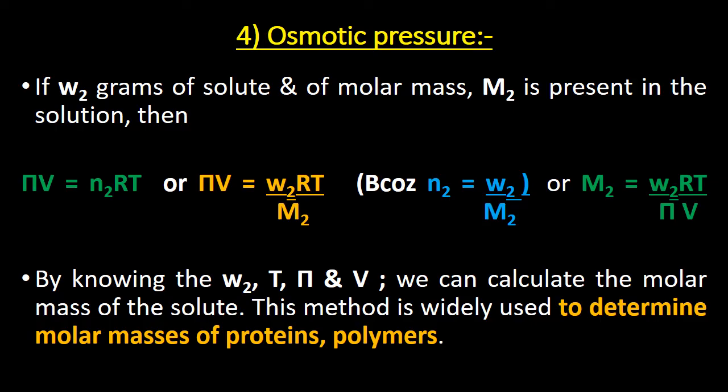And M2 can be calculated by the expression M2 is equal to W2 RT divided by pi into V. By knowing W2, T, pi and V, we can calculate the molar mass of the solute. This method is widely used to determine the molar masses of proteins and polymers.